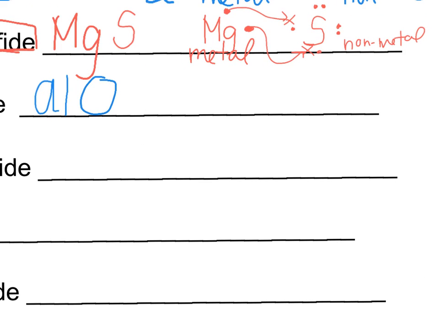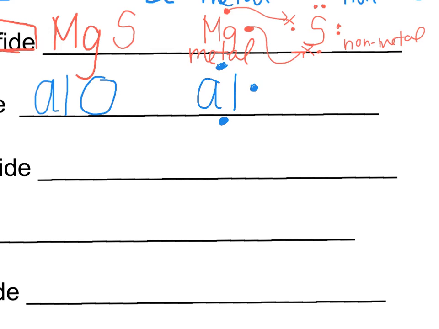Alright, let's draw our Lewis diagrams as we normally do. Aluminum is under 13 over there, so we know the trick is whatever the number it's under, that's usually the amount of valence electrons there are. That's my trick. Or you can count it out, or you can draw your Bohr-Rutherford diagram.